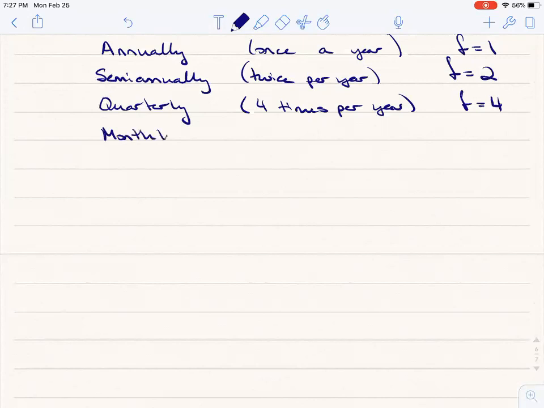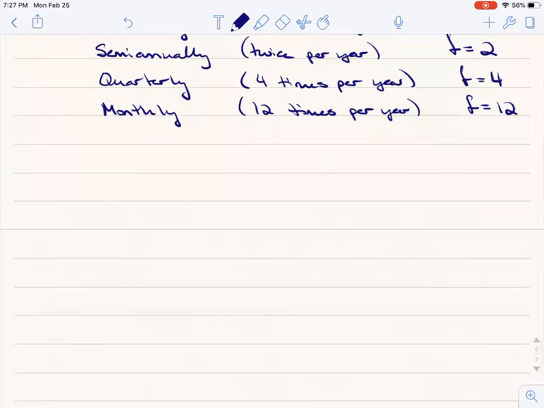Monthly, we've been using already, is 12 times per year. So F must be 12. The only one that's kind of tricky is bi-weekly, which is 26 times per year.